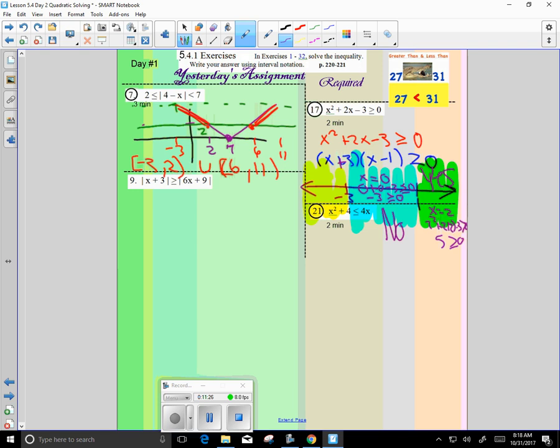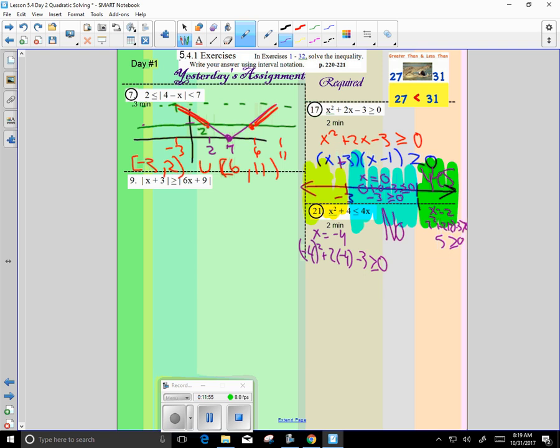What are you seeing? If this is no in the middle, yes on the outside, what tends to happen with these two outsides? They tend to be the same, right? Let's see if that's true. We're going to check x equal to -4. And so I'm going to get -4 squared plus 2 times -4 minus 3. Is that greater than or equal to 0?